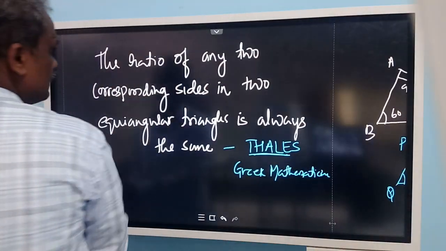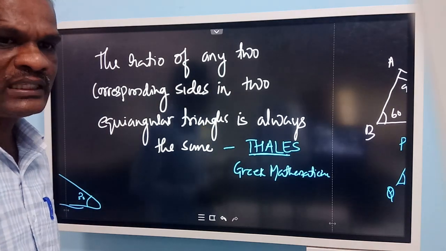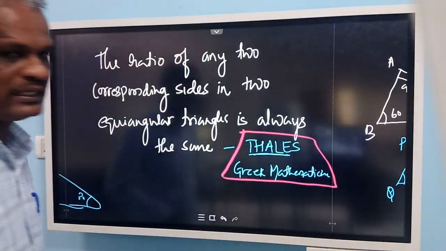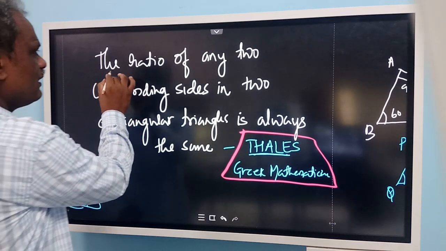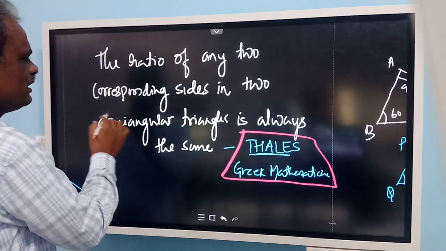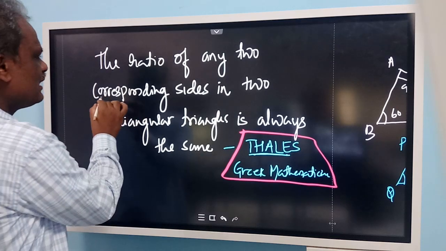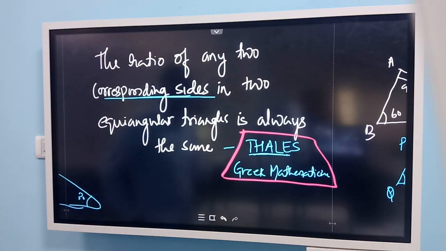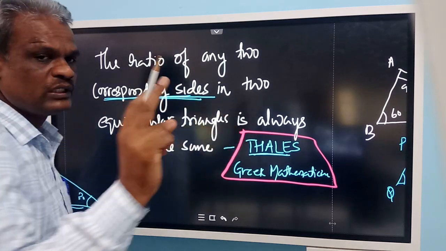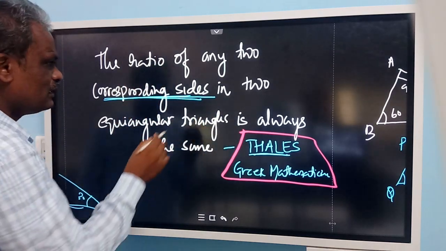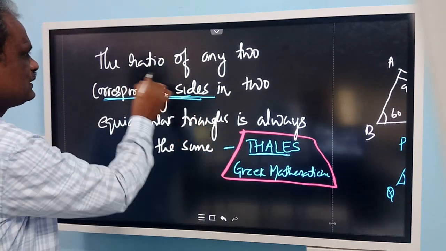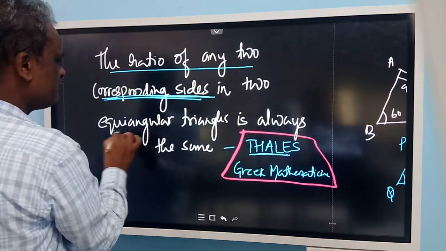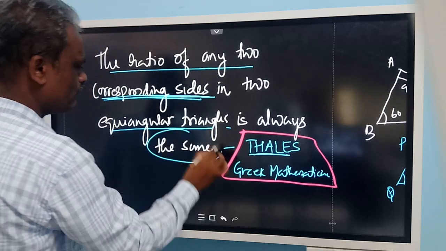Now, a famous Greek mathematician Thales said that if you take any two equiangular triangles, then the corresponding sides are always in the same ratio. The ratio of any two corresponding sides in two equiangular triangles is always same.